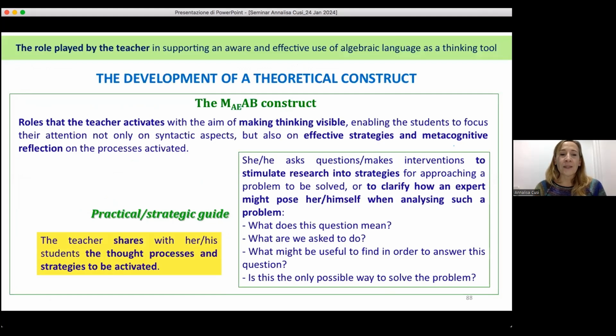This is the role that is played when the teacher aims at sharing her thought processes, her reflections, the strategies that are activated. And so she asks questions or makes interventions to stimulate research into strategies or to clarify how an expert might pose herself or himself when analyzing such a problem.